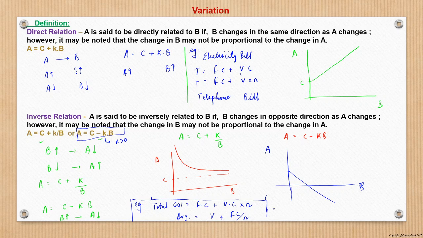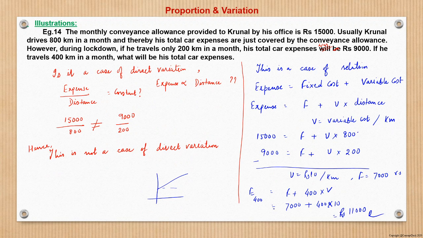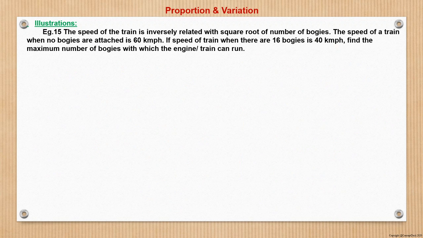We'll see discussion over this also. Now let us solve question number 15. This is a good question. The speed of the train is inversely related to the square root of the number of bogies, or the number of compartments. The speed of a train when no bogies are attached is 60 km.